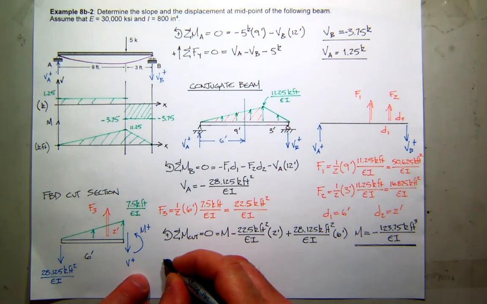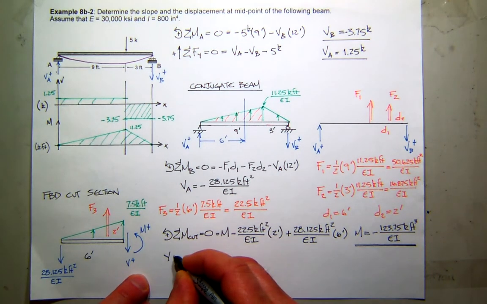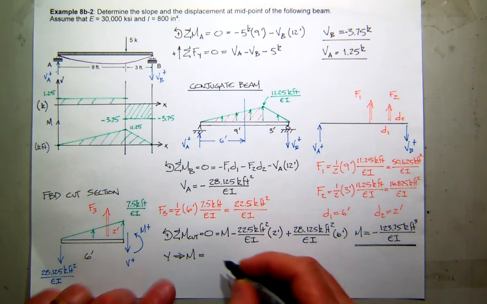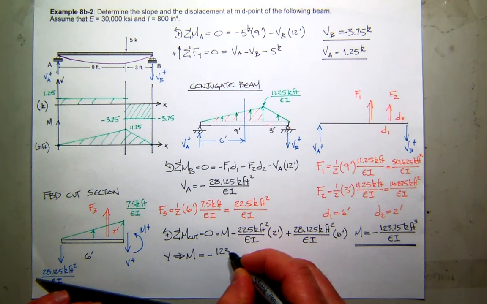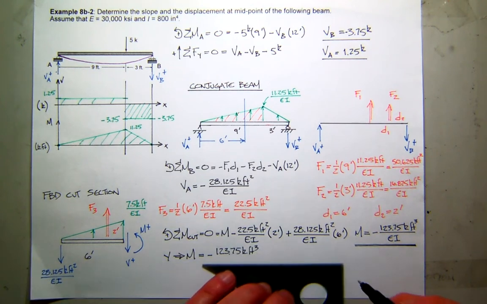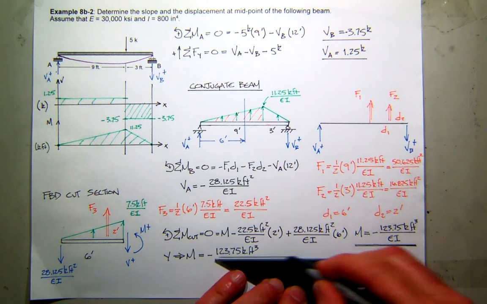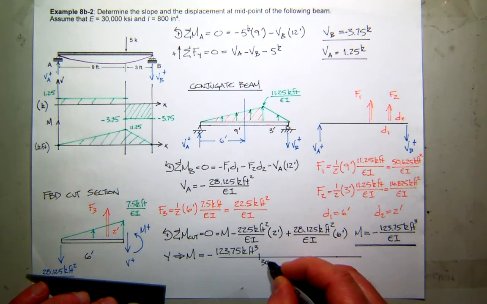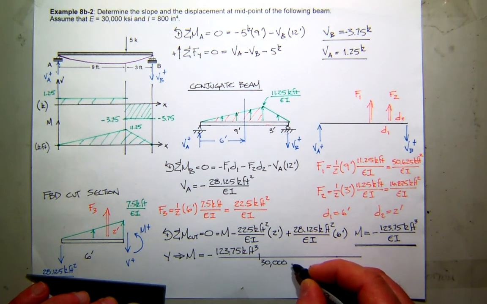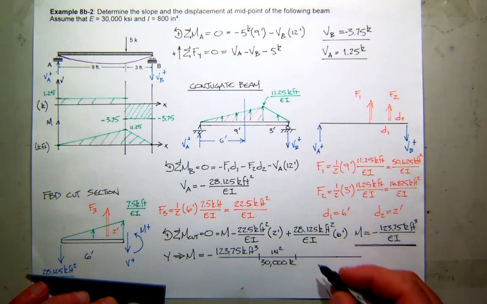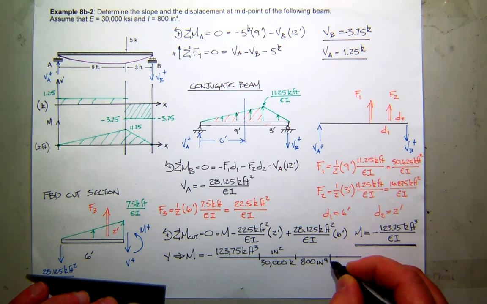So let's do that. So we now know that the displacement really maps over to the moment, which is equal to this minus 123.75, and that's kip feet cubed. And I'm going to divide all that first by E, which is 30,000 kips per inch squared, divided by I, which is 800 inches to the fourth.